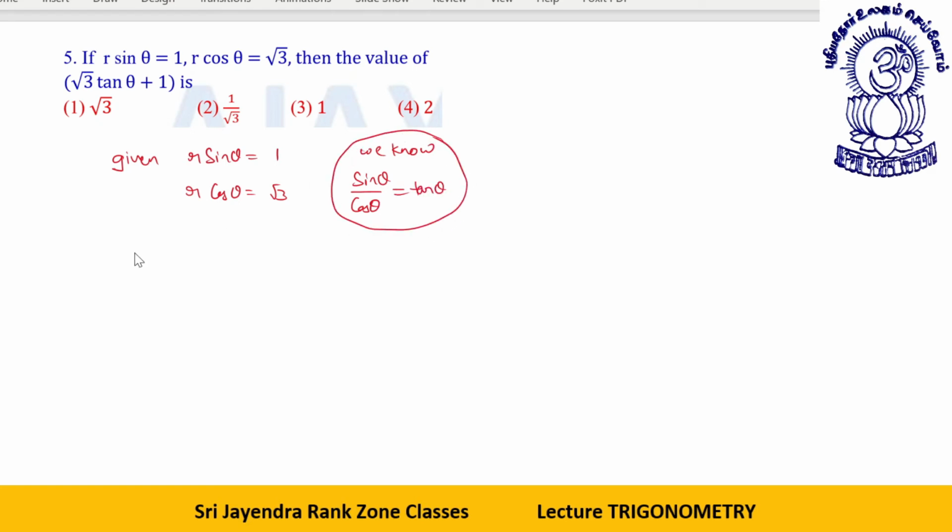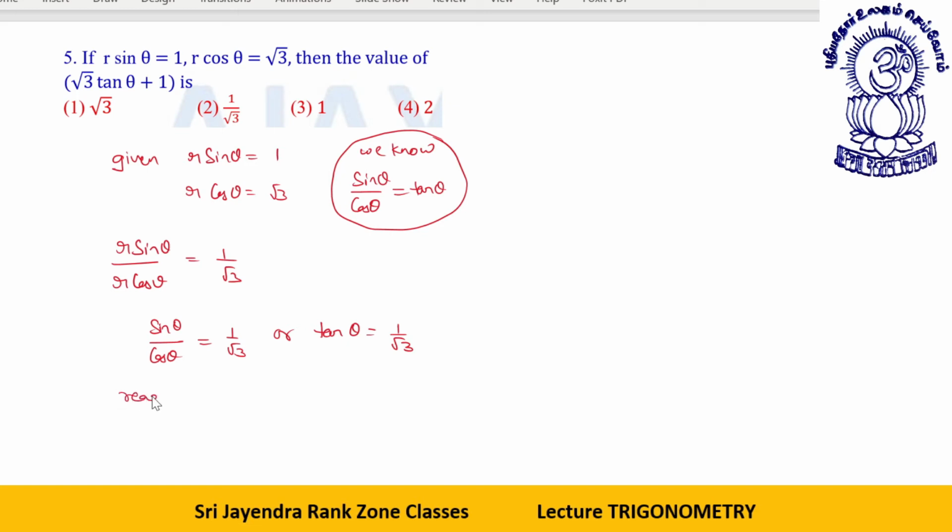On the basis of this, r sine theta by r cos theta is equal to 1 divided by root 3. This gives me sine theta upon cos theta is equal to 1 by root 3, or tan theta is equal to 1 upon root 3.